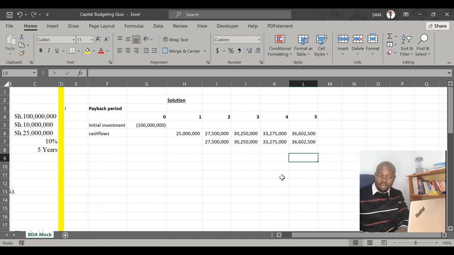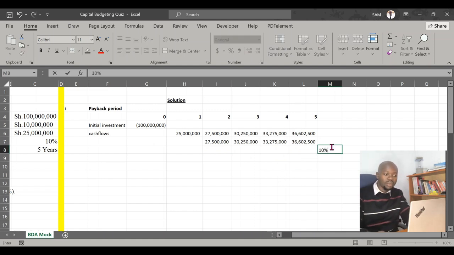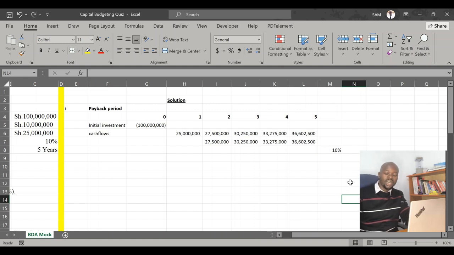Again, there is another approach where I want to do an absolute referencing. You can go with either approach. I can go and do absolute referencing, and for me to do that, I will type in the 10% here, there. Then I want to grow the cash flows from year one by the 10% across the years.